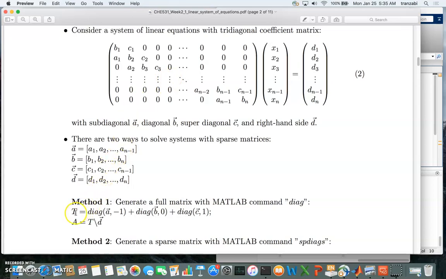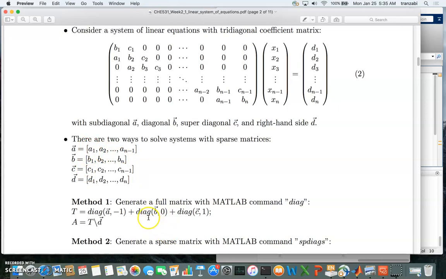So we're going to say the matrix T, which is this coefficient matrix, is equal to a diagonal matrix whose subdiagonal is A. So by -1, MATLAB understands that this is a subdiagonal, so it puts the whole vector A in the subdiagonal.